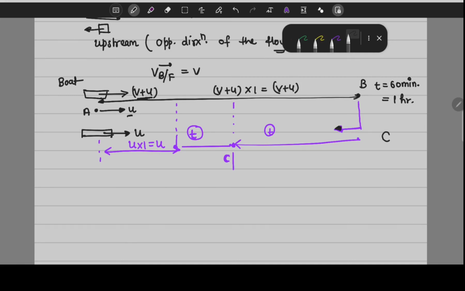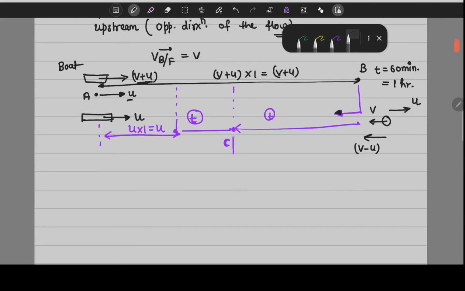So basically the boat which is moving in this direction having the velocity of v with respect to the velocity of the fluid, and the velocity of the fluid is u, so that's why it is having the net velocity of v minus u. Alright, so it means what is the distance traveled by the boat? That will be v minus u into t.